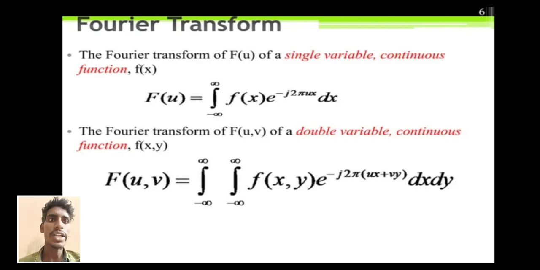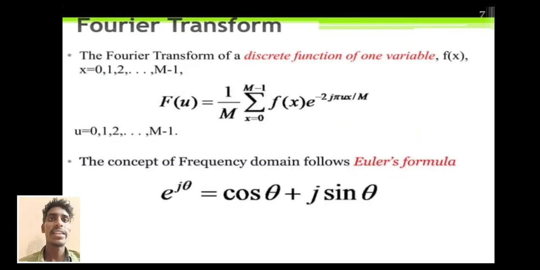The Fourier transform F of u comma v of a double variable continuous function f of x comma y equals integration minus infinity to infinity, integration minus infinity to infinity. Why are we taking two integrations? Because the Fourier transform consists of a double variable, that is why we are taking two integrations and two variables.